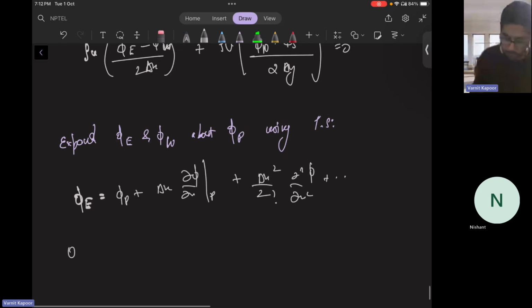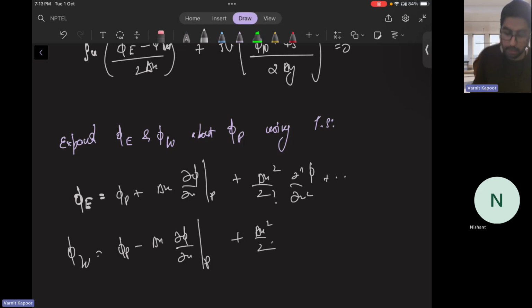Similarly, phi west will be phi p minus del x dou phi by dou x about p plus del x whole square by 2 factorial dou 2 phi by dou x square, and so on, all the remaining terms.